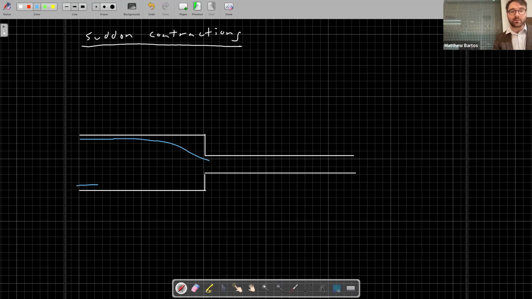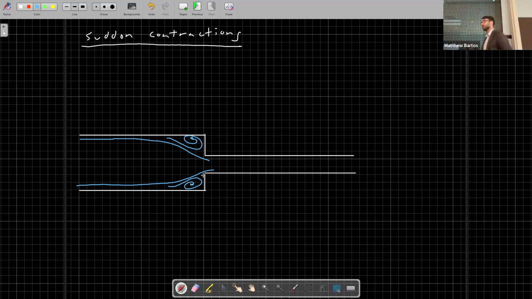And then two different things happen. So first, there's this stagnation zone that forms in these pockets where the larger pipe transitions into the smaller pipe. You'll get turbulent eddies that form within these stagnation zones that result in energy losses.